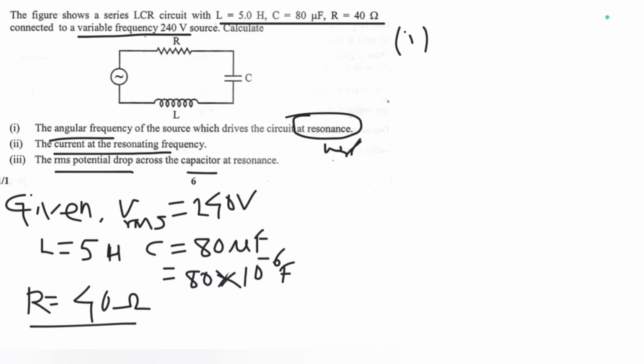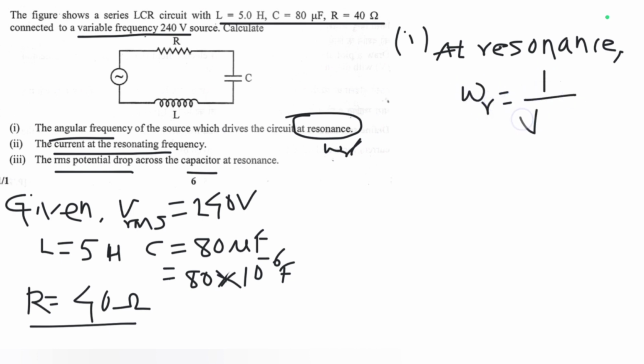At resonance, we know that the condition is where the capacitive reactance and inductive reactance become equal. So the resultant reactance or impedance will be equal to the resistance. At resonance we write omega r as 1 upon under root LC.